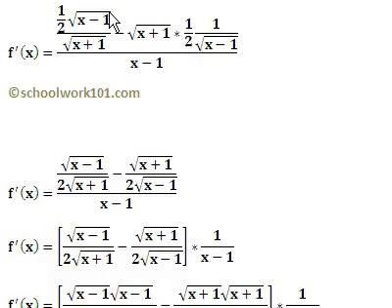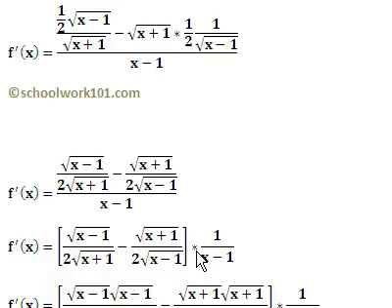Now I'm going to take this up here to the top, kind of clean it up a little bit, two separate fractions. This x minus 1 can be rewritten as 1 over x minus 1 times the numerator. So now I want to join these together and get one big fraction, and in doing so I need to get a common denominator.